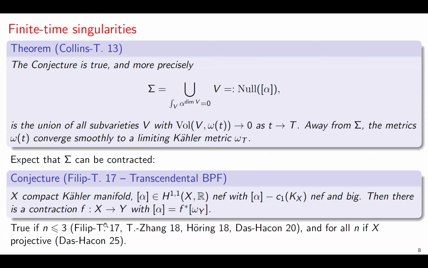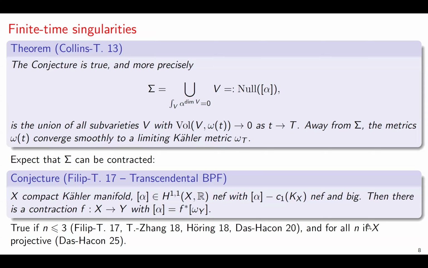I did it in the original paper with Simeon. Dimension 3, when it's Kähler, was done by myself and Yuguang Zhang in the non-big case, and by Andreas Öring in the big case. And finally, Das and Christopher Hacon did the general case of threefolds, including the KLT case.